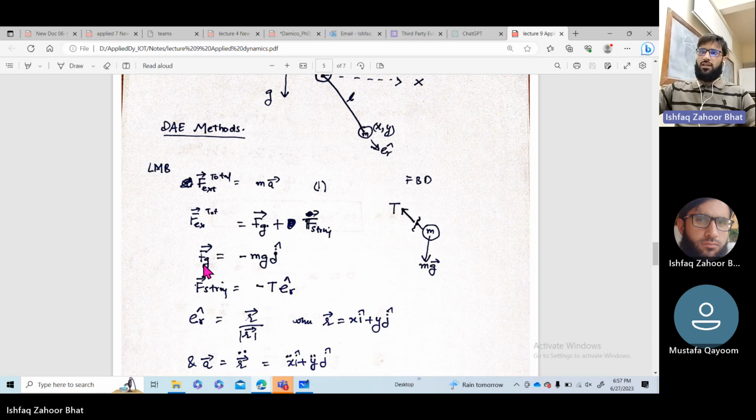Now what is this gravitational force? It is nothing but mg in the negative y direction, that is why I have put minus and j. Similarly, what is F string? That is some tension T times e_r, but it is acting in the negative direction of e_r, so I have put a negative sign.